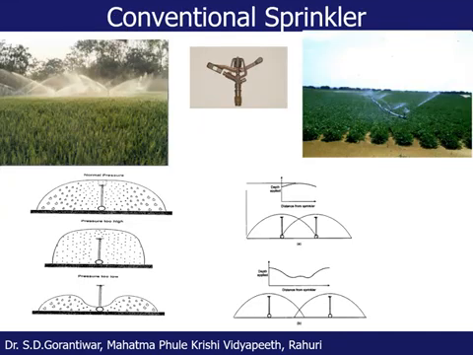And when water reaches the field, the water is sprinkled in the form of rainfall, and this water will fall over the land surface, over the canopy, and as water falls over the land surface, it will infiltrate and the irrigation is effected.